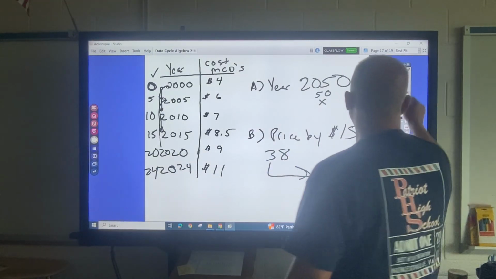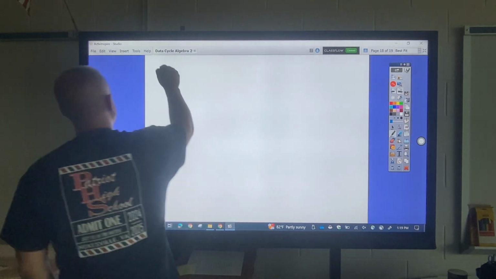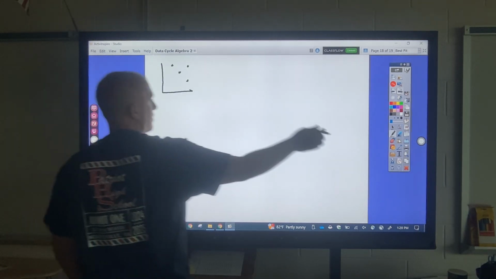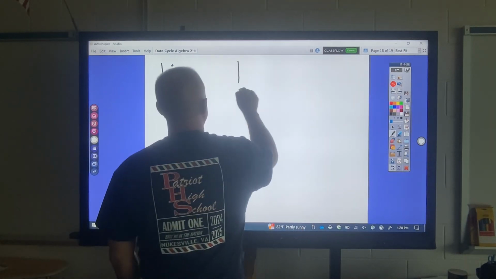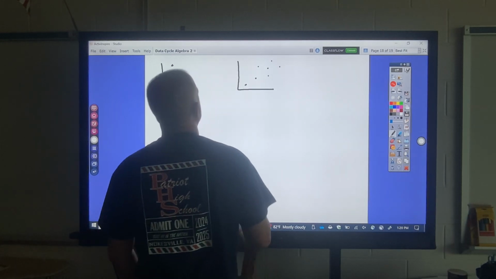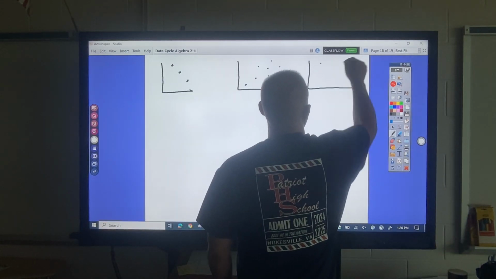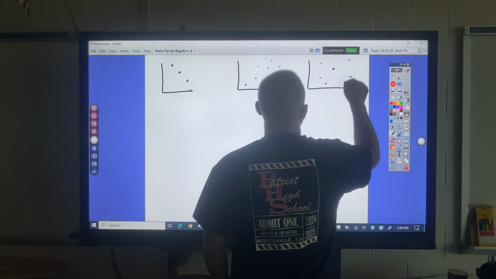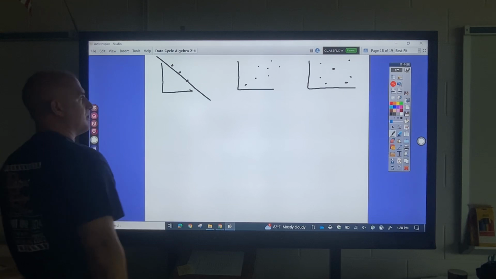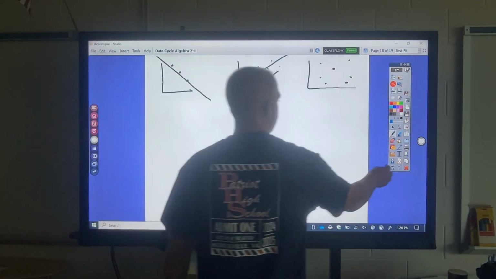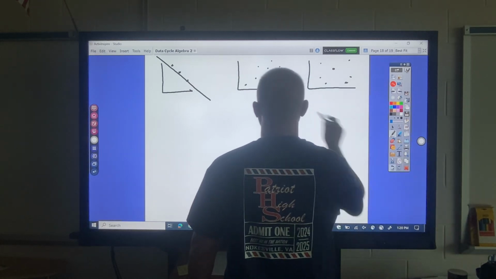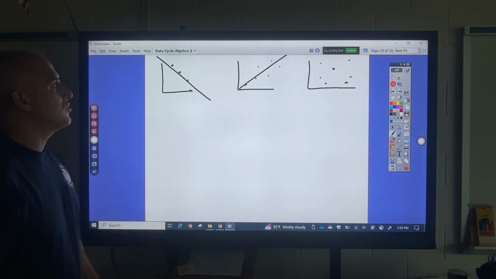The next thing I want to talk about briefly to finish this lesson is the idea between correlations. Okay, so when you look at data, if most of your data appears like this or like this, okay, all right, this actually has some kind of correlation here, okay, all right, because you can draw a majority of the line.